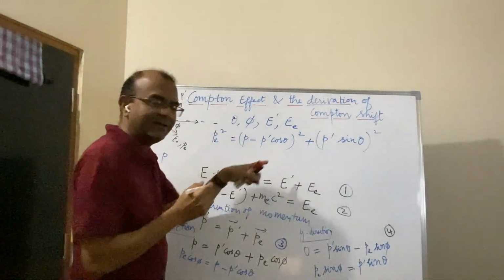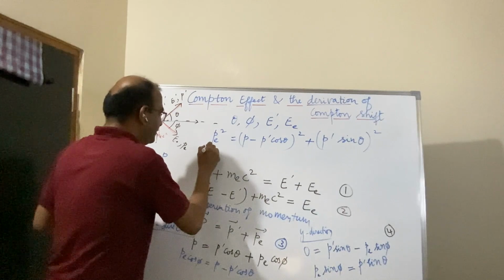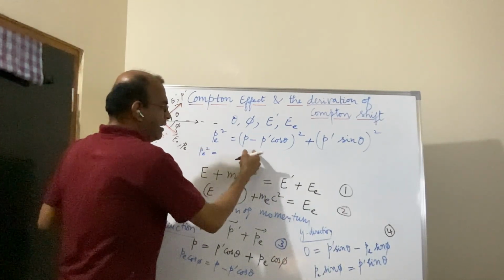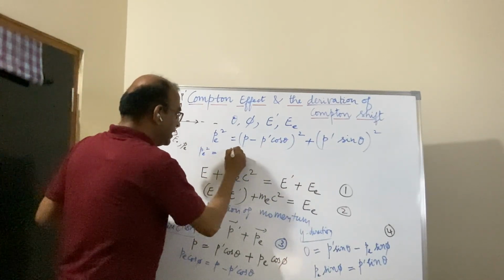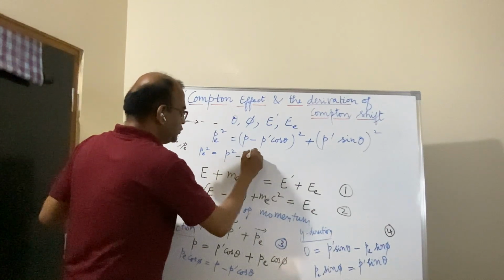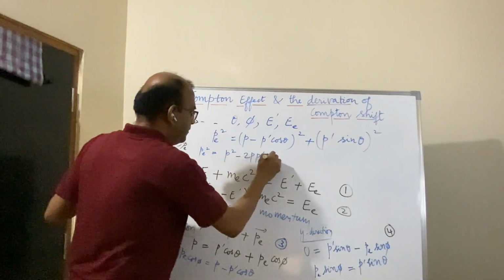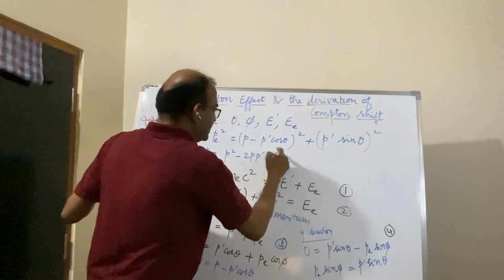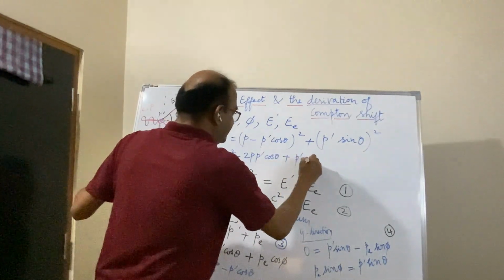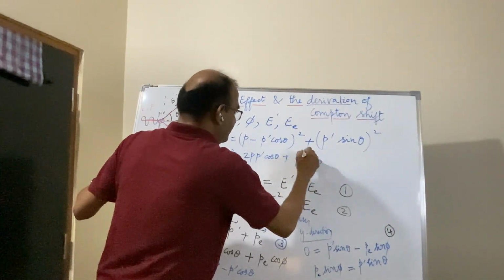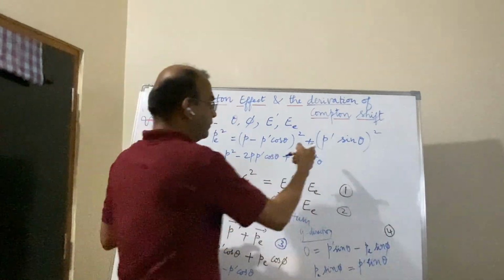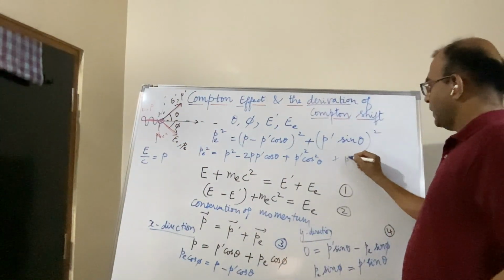Now if I expand this, I will write P squared, and using (a minus b) whole squared equals a squared minus 2ab plus b squared, plus the square of this is this expression here.